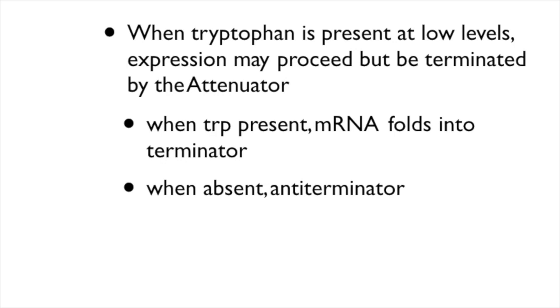We already have some. But what if there is a small amount of tryptophan present in the system, and so it might not get to the repressor protein because there simply aren't enough molecules of tryptophan present, but there are plenty present for the function of the cell. Well, in that case, that's where the role of the attenuator or attenuation comes in, okay?